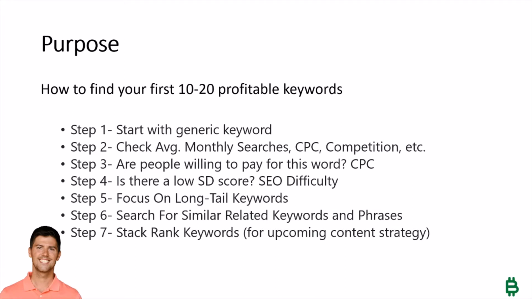We then focused on our long tail keywords within that niche, so that kind of goes hand in hand with the lower SEO difficulty and lower competition. And then we searched for similar related keywords and phrases. We did that by swapping out some words or adding different types of phrases.